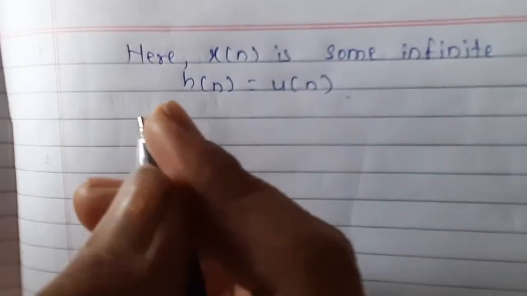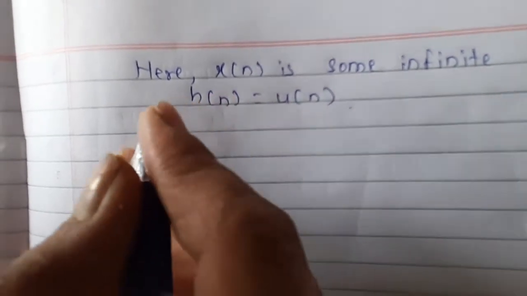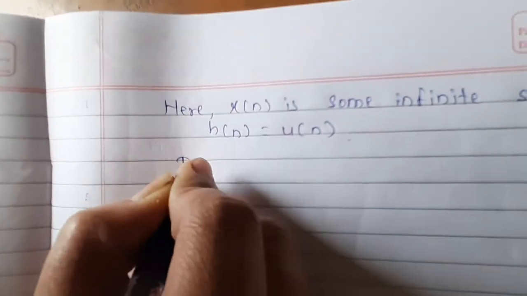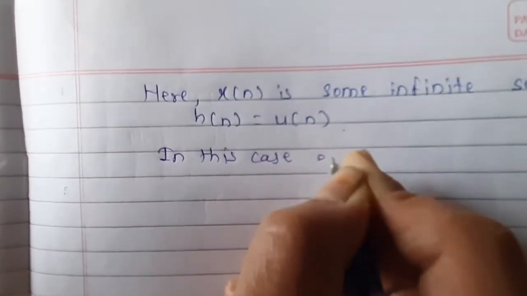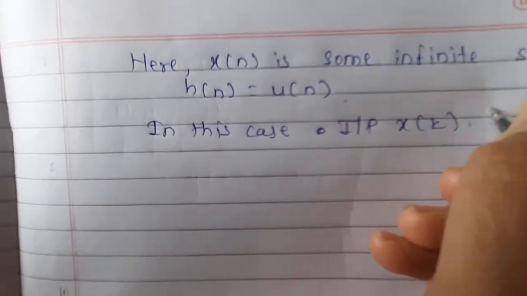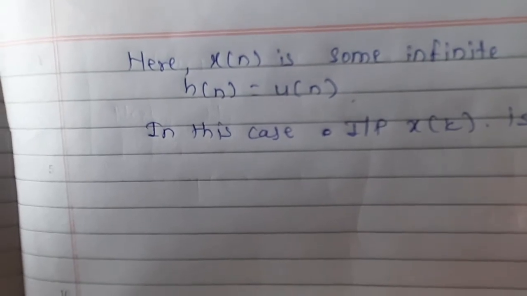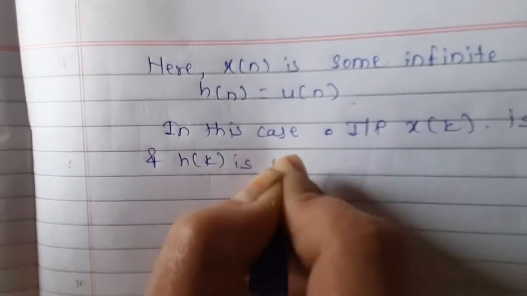Now equation 4 is based on equation 1. So in this case input x of k is kept as it is and h of k is delayed.